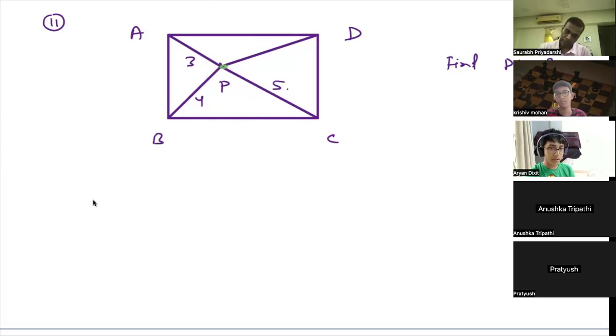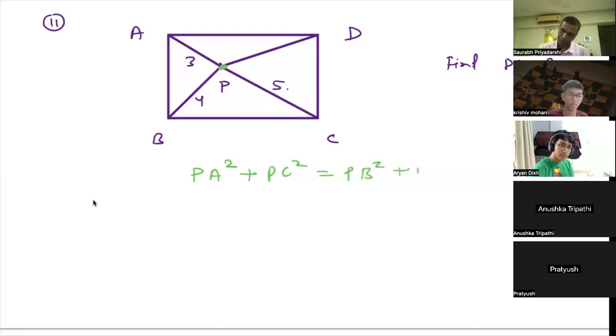It says that for any point P, not necessarily related to the diagonals AC and BD, if you join it to all the corners of the rectangle, PA, PB, PC, and PD, then you always find that PA square plus PC square is equal to PB square plus PD square.